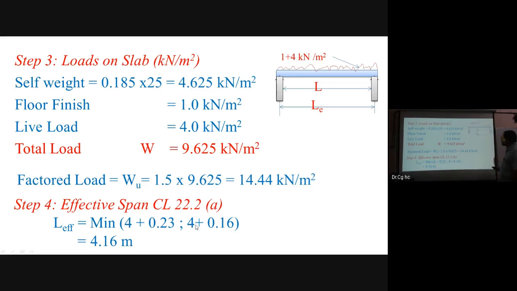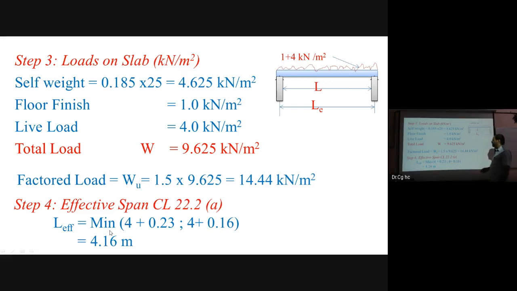Then clear span 4 plus effective depth 0.16 is equal to 4.16. The minimum of these two, 4 plus 0.23 and 4 plus 0.16, is our effective span.